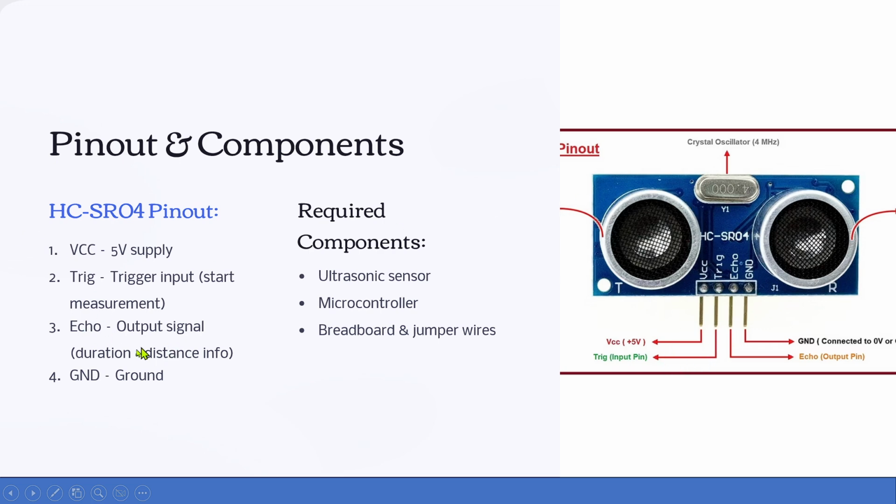I will show you how it is working. The echo pin is the output pin, so we configure trigger as input and echo as output. There are only 4 pins, and ground we connect as usual to the ground of the Arduino or any microcontroller we are using. The required components are one sensor, a microcontroller, and some breadboard and wires.